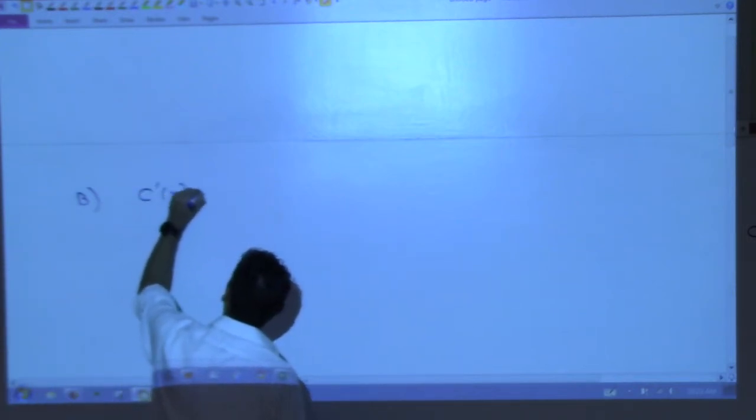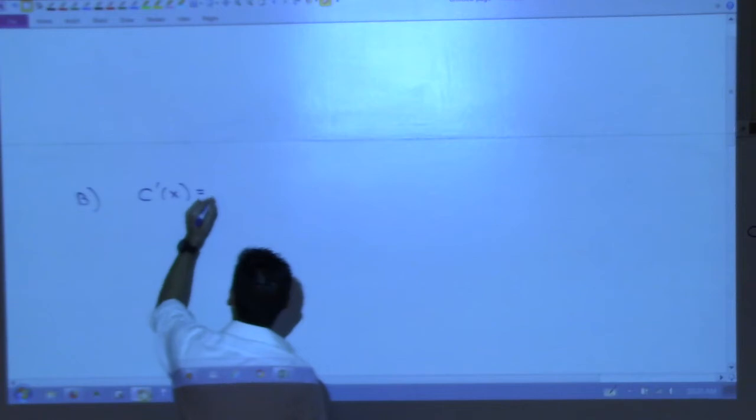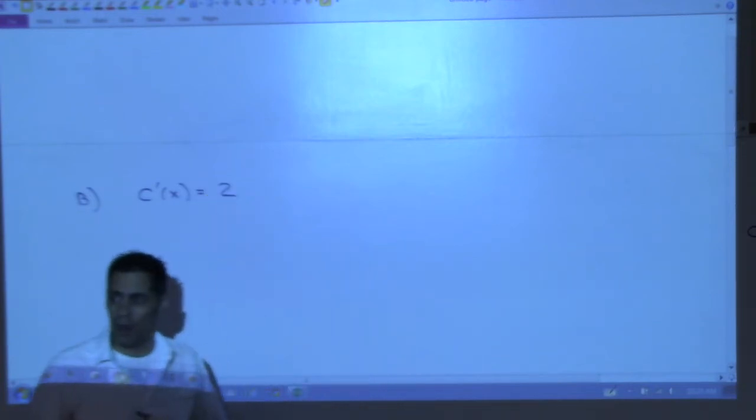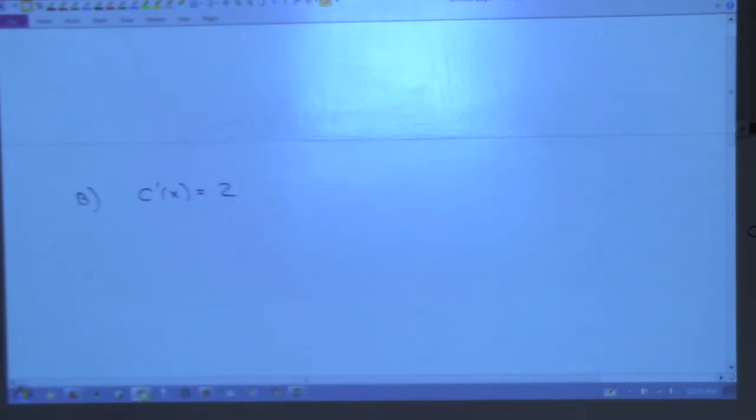So what is C prime of x? 2. And that's just 2, right? That means the marginal cost is always 2. No matter what. It never changes. Like x is not in that answer.